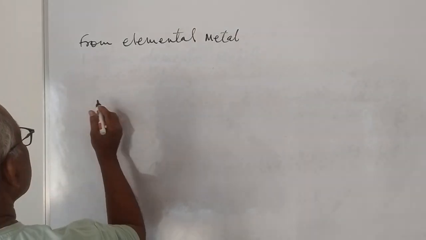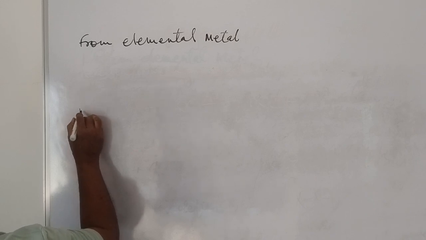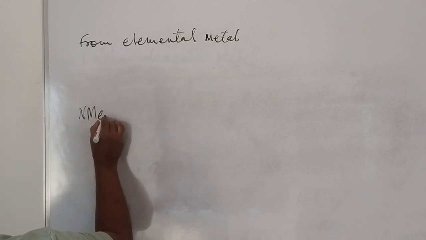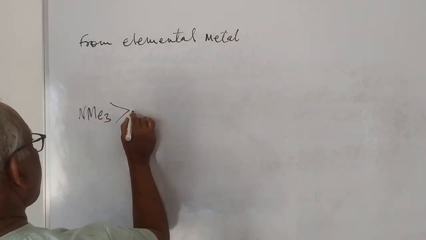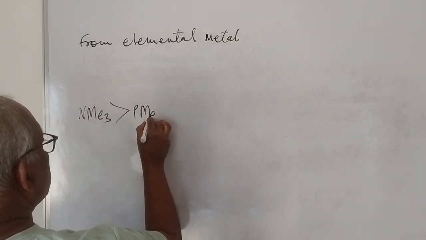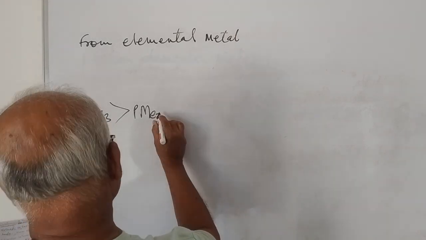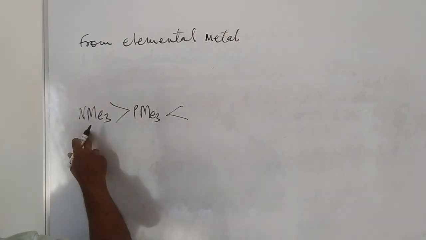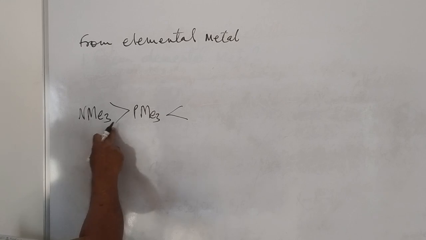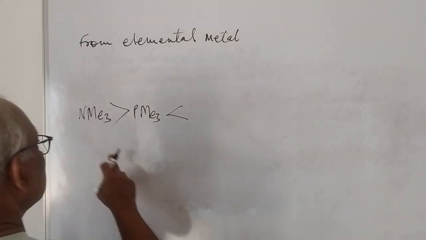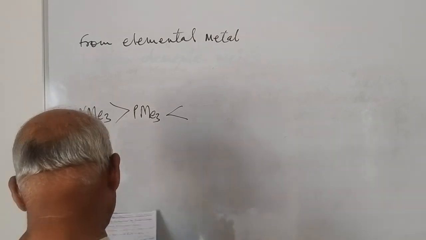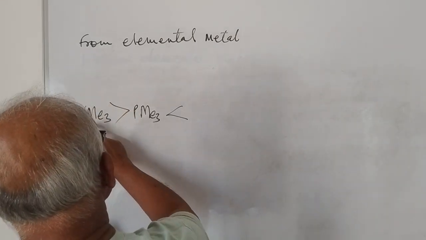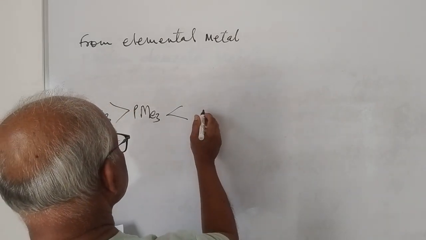If we take NMe3 and then PMe3, here NMe3 has a stronger driving force than PMe3. Here nitrogen and phosphorus are the species, Me is the methyl group, and N and P are of the same group.